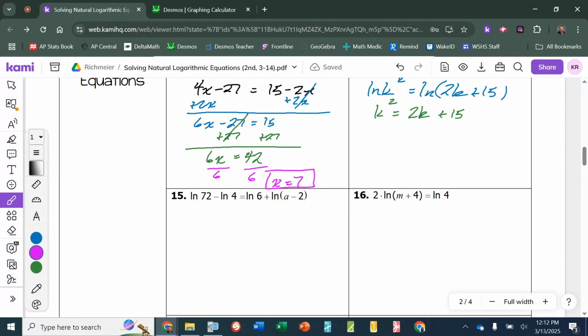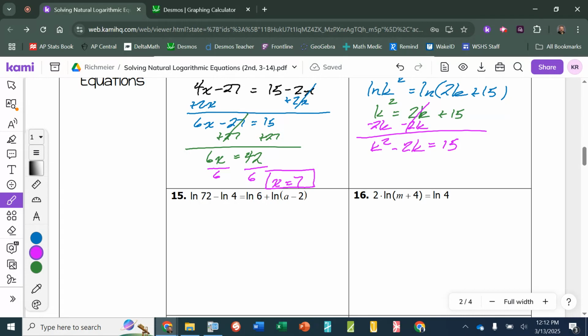So we've got a 2k, so we're going to say minus 2k. And what that's going to give us is k squared minus 2k, and those will be eliminated, plus a positive 15.